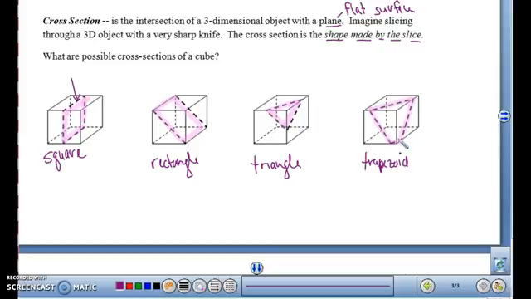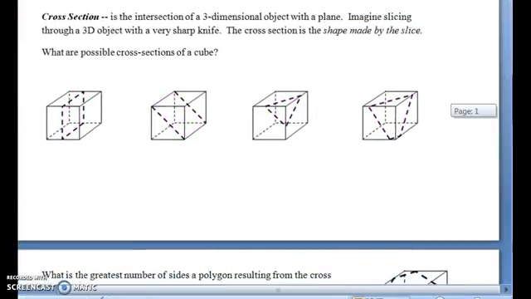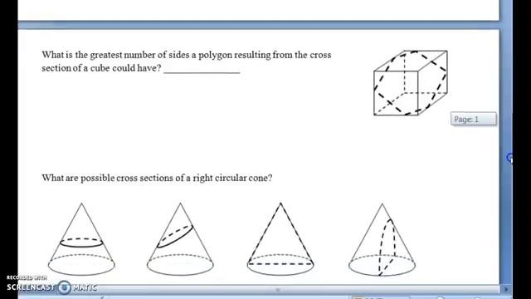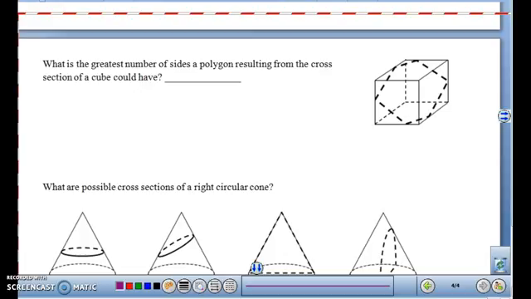Now, those are 4 different shapes that you could make. What is the greatest number of sides of a polygon resulting from a cross-section of a cube? Well, let's take a look. The plane that you cut with would have to intersect all 6 faces.